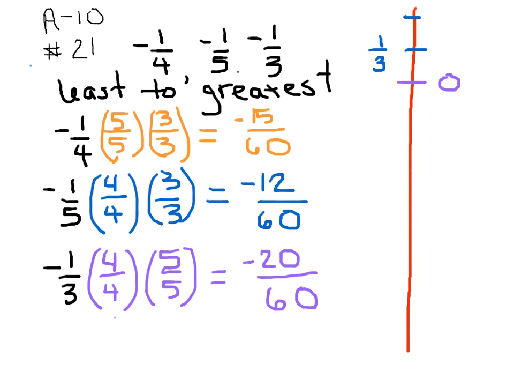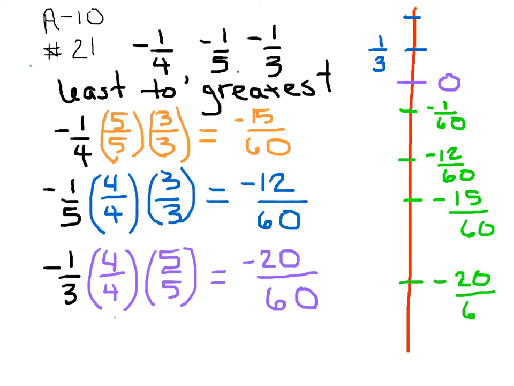If I said that this was negative 1 over 60, and I went on and on, then I would have a negative 12 over 60, then underneath that a negative 15 over 60, and then finally, way down here, a negative 20 over 60.